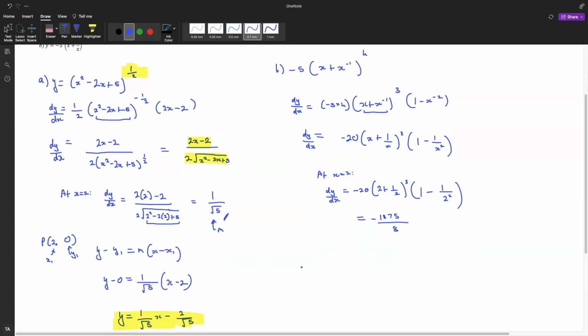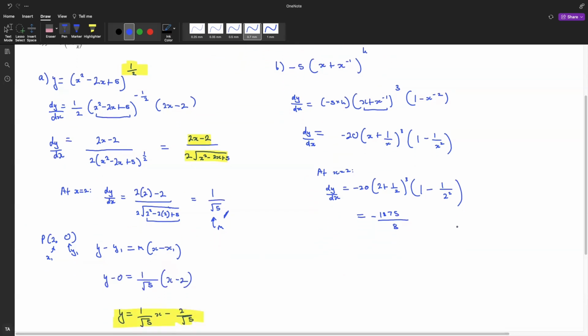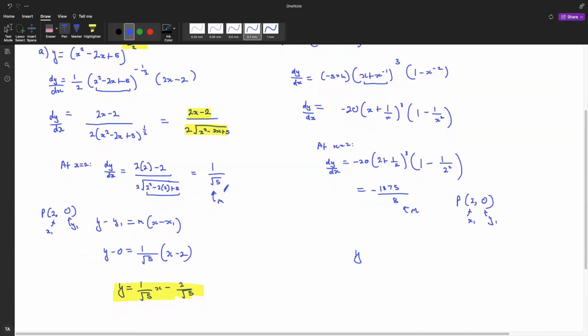So again, putting down my point, our point is (2, 0). That's our x1, that's our y1, and this is our m. Using that, we're again going to use the formula y minus y1 is equal to m times x minus x1, and sub in those values. So y minus 0 is equal to negative 1875 over 8 multiplied by x minus 2.